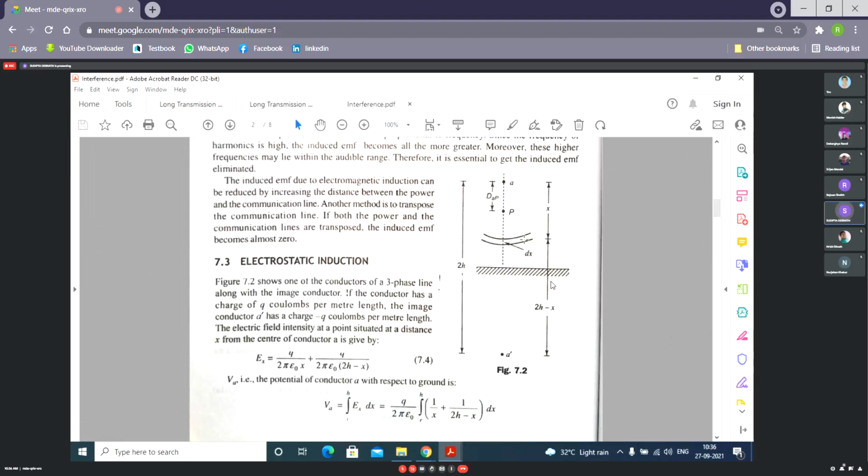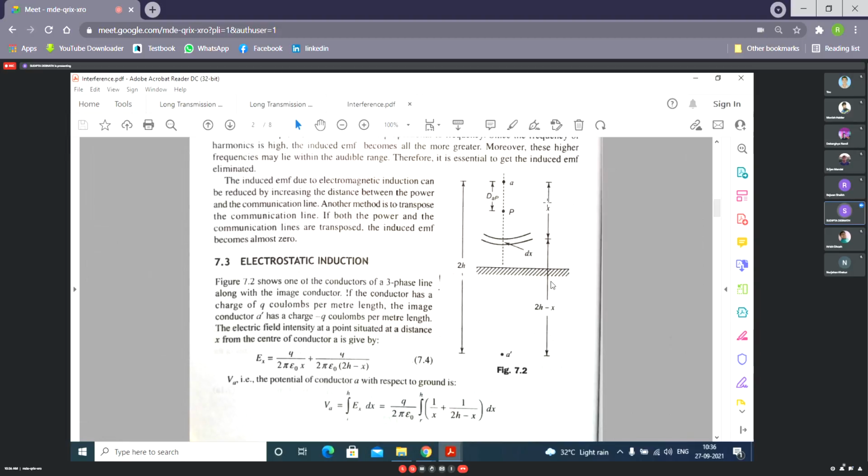We'll find out now the field intensity at this point. Okay, so the field intensity will occur due to this charge Q and this charge minus Q, both you have to consider. And the current carrying conductor is at a distance h from the ground, and so this is also at a distance h below the ground. So what is the distance from this point to this conductor A dash?